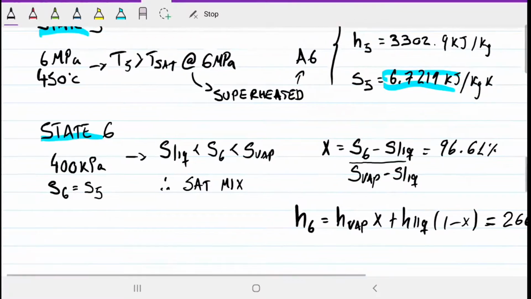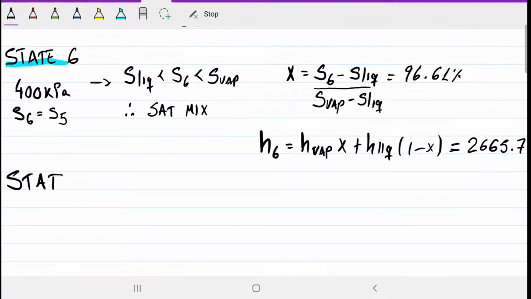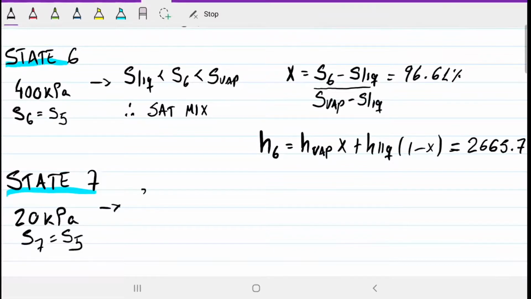We can do state 7 now, which is exactly the same idea. We know this is 20 kilopascals. We know S7 is also equal to S5, so we have that. And we already looked in the table and saw that the same thing applies: S liquid, S7, S vapor.